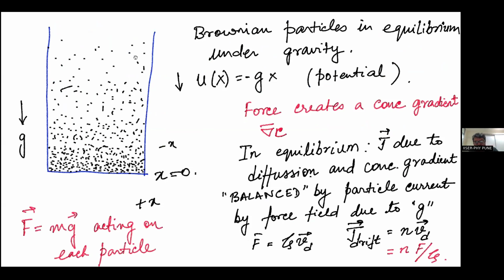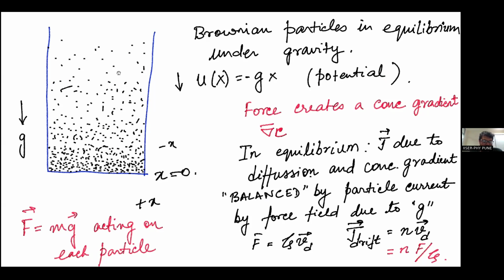You see there's a density variation, Brownian particles in equilibrium under gravity, right? And there's a potential acting, minus Gx. Now you see there is a concentration gradient, because there is gravity.